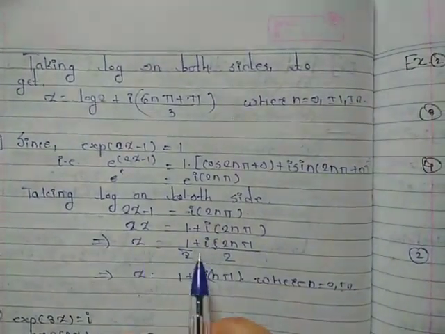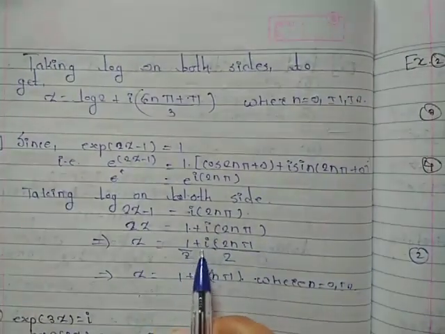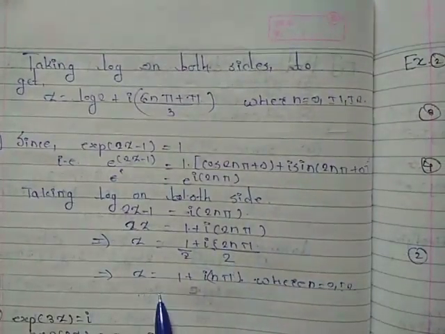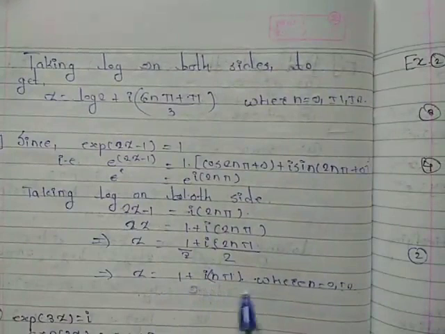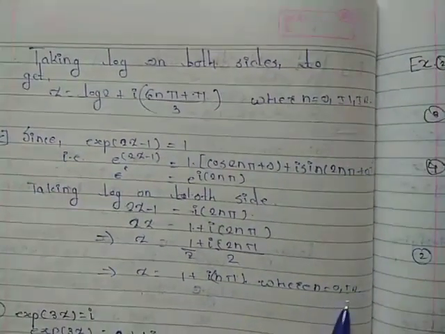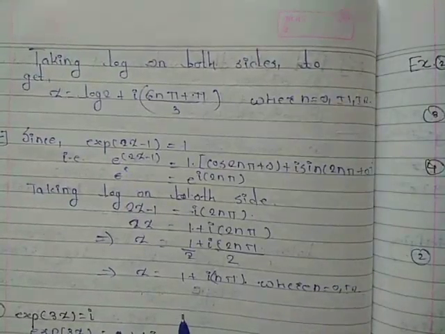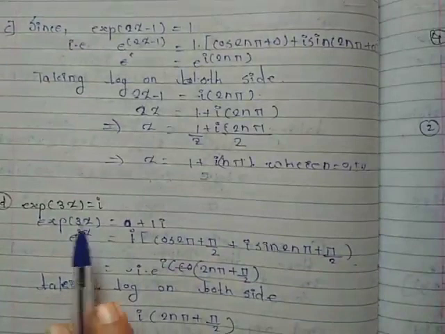We will get z is equal to 1 upon 2 plus i into 2nπ upon 2. So z is equal to 1/2 plus i nπ, where n runs over 0, plus or minus 1 and so on. Okay.